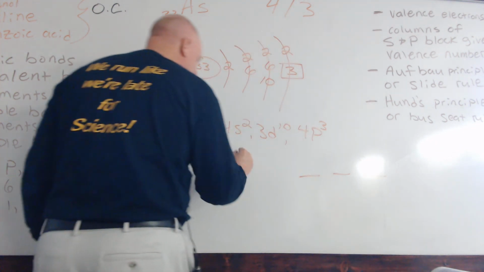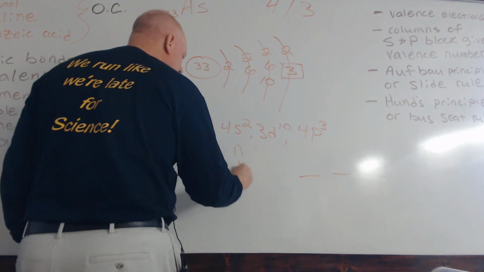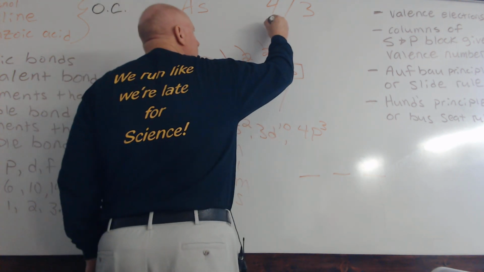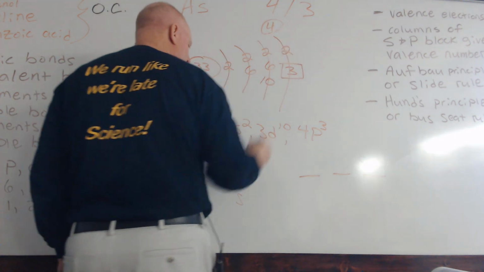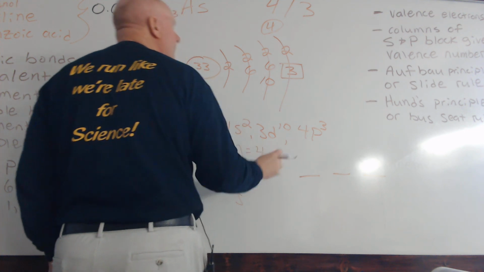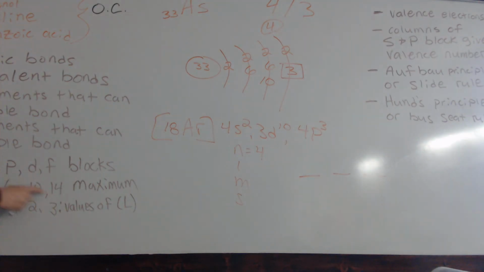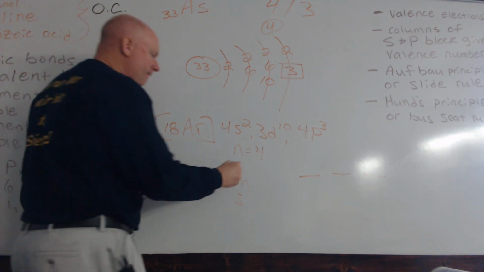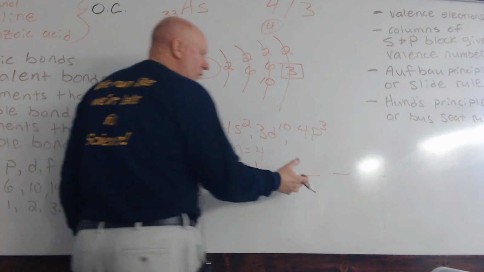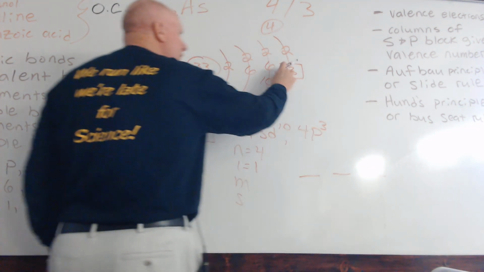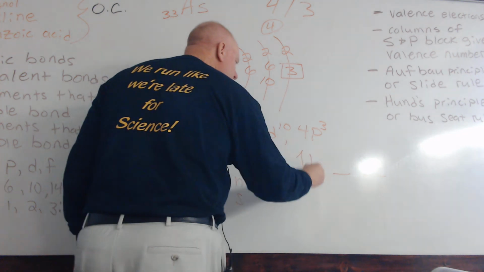Okay, so we've got n, l, m, and s. So this is the 4th energy level. So n is 4. It fell into the P block, which we associate with this. So the value of l has to be 1. And then we need to follow Hund's rule, or the bus seat rule. There's 3 of them. Remember, don't do that.